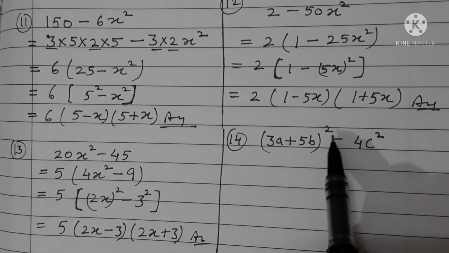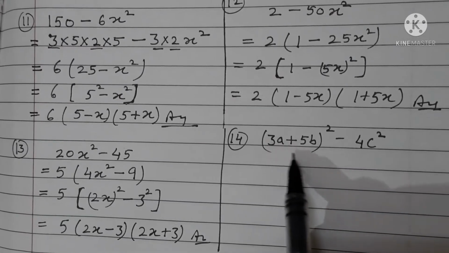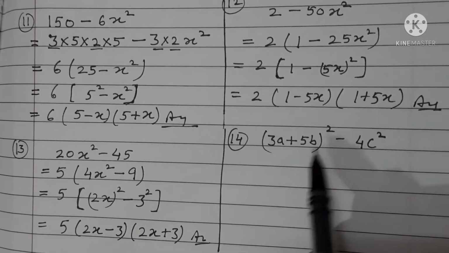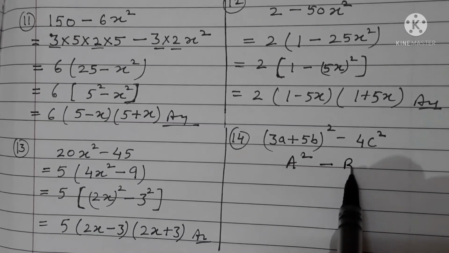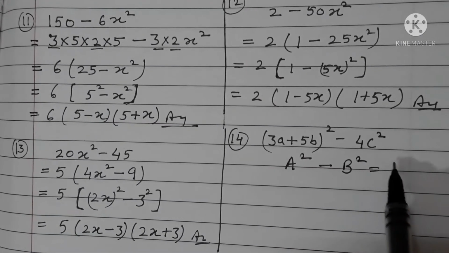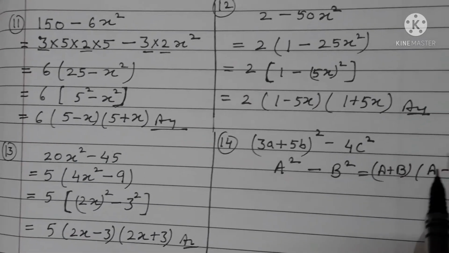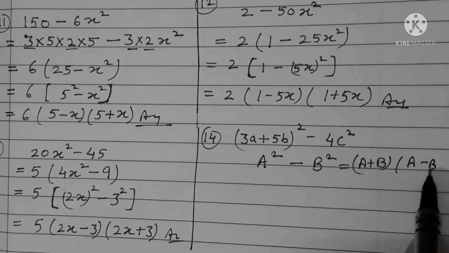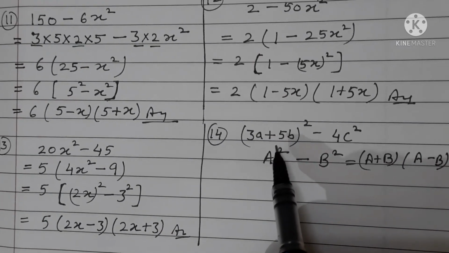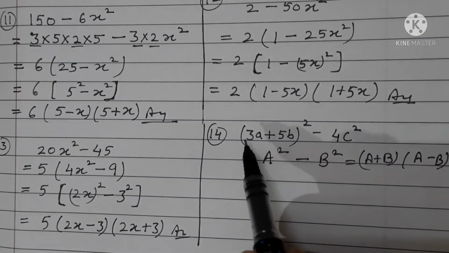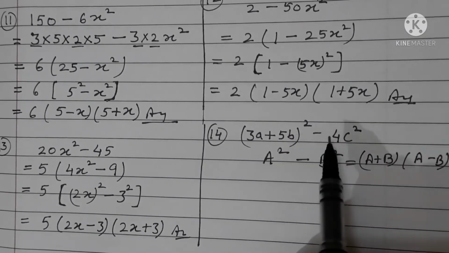Match the answer and come to question number 14: (3a plus 5b) whole square minus 4c square. Here take this complete term as a square. Write down a square minus b square is equal to (a plus b) and (a minus b). There is no need to open the whole square, as (a plus b) whole square is equal to a square plus b square plus 2ab.